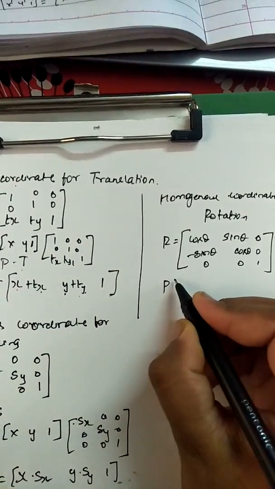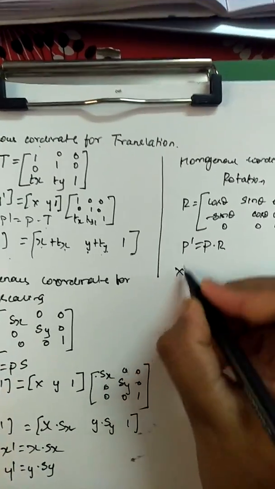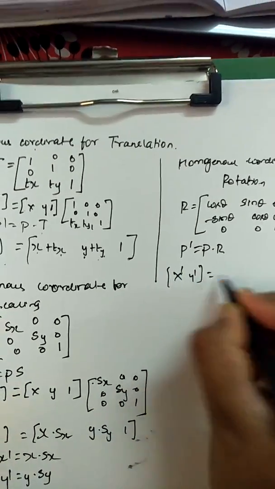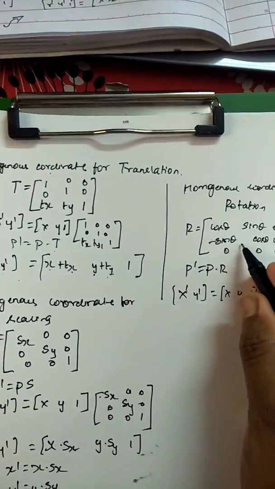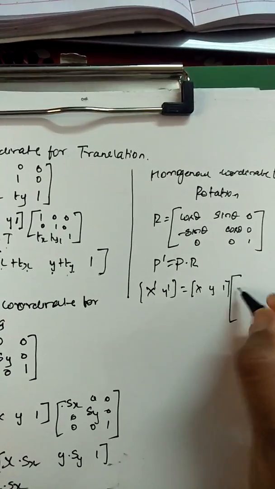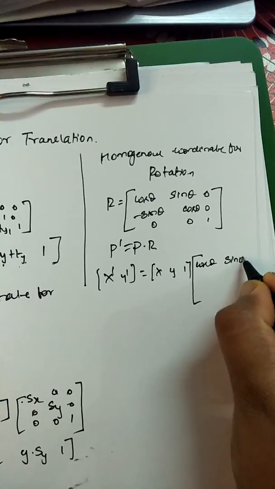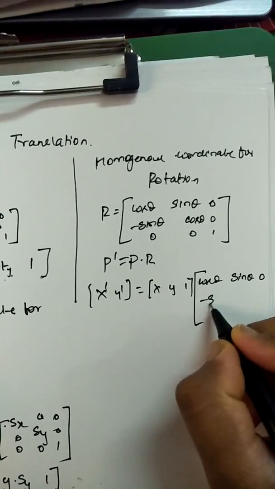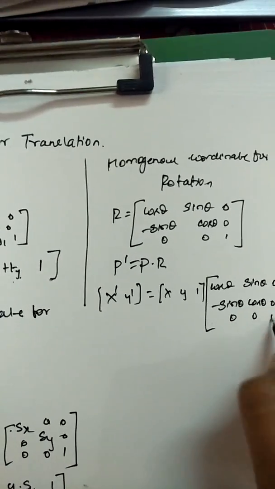So what's the equation? P dash is equal to P into R. So X dash, Y dash will be X, Y, 1 multiplied by this homogeneous coordinate representation of rotation: cos theta, sin theta, 0, minus sin theta, cos theta, 0, 0, 0, 1.